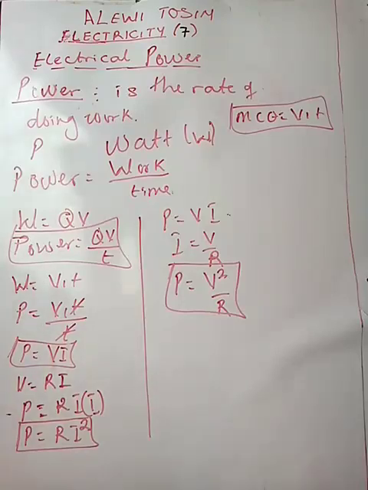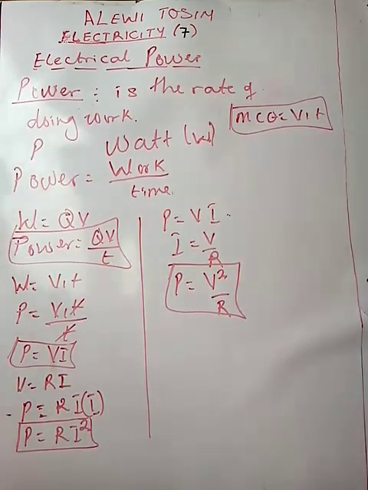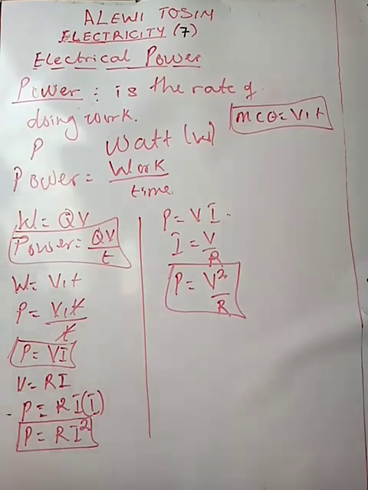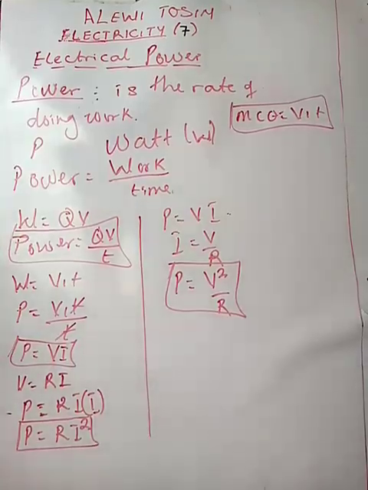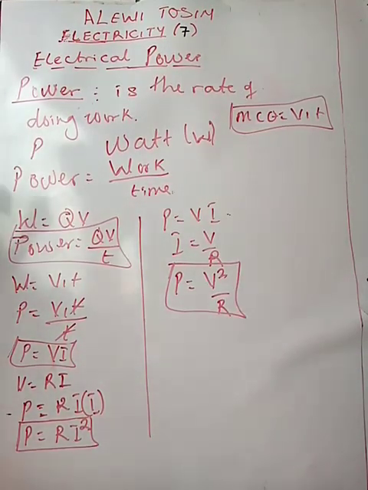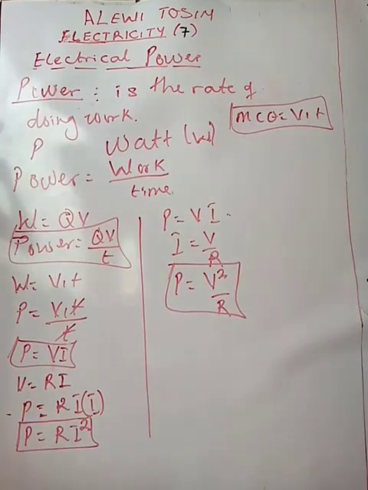We also talk about light energy too. Electricity can also be converted to light energy. A good example is our fluorescent bulb we use at home, which converts electrical energy to light energy. We also have sound energy too. It can also convert to sound energy. That's what we talk about in our telephone, our earpiece.